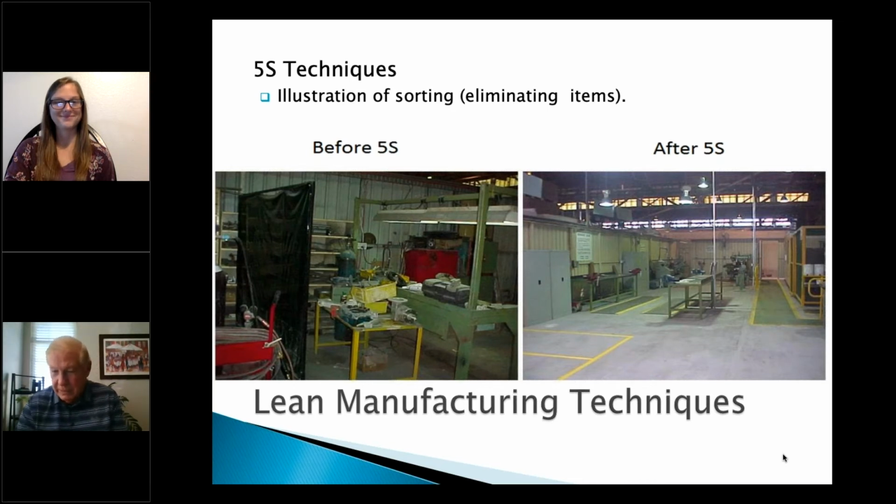It looks like there's nobody even working there, but they really are. They got all the equipment where it should be, got some cabinets in place, and put some lines down on the floor as to where people operate. That's a great example of sorting.